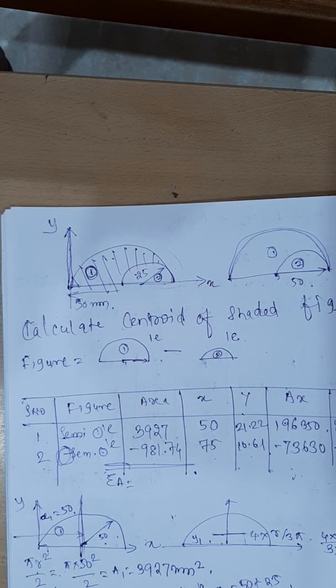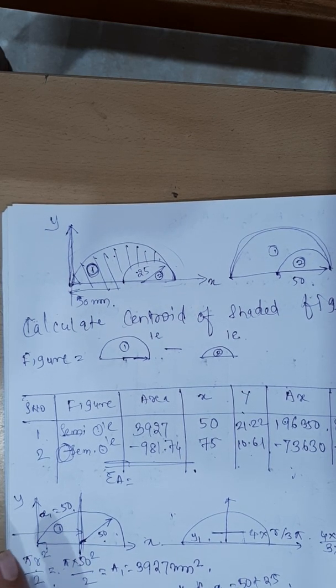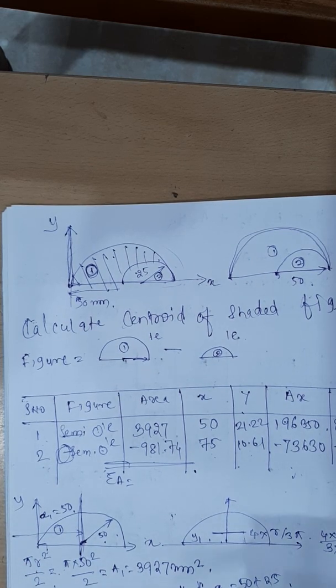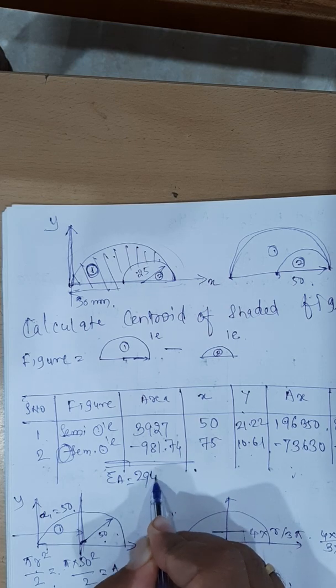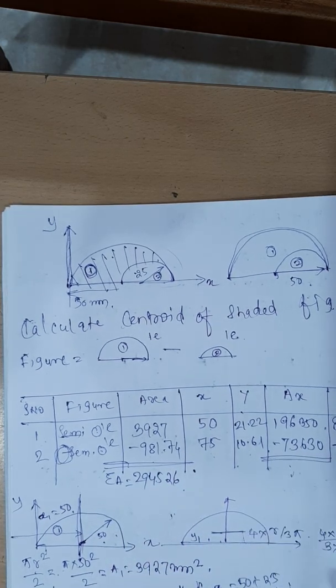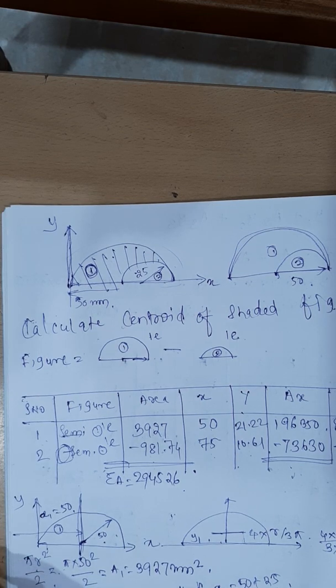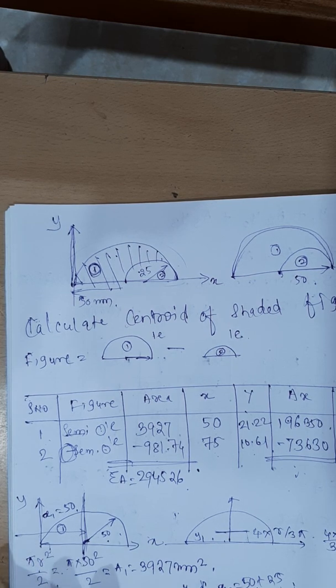So it will be equal to 3927 minus 981.74, which is 2945.26, and the total of Ax is equal to 196350 minus 73630.